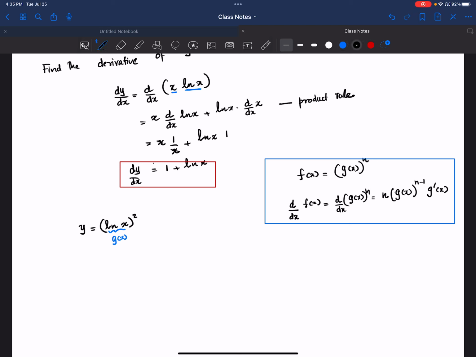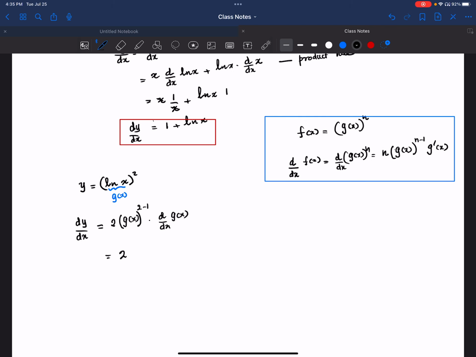So I'm going to write now dy over dx equals 2 times, that's n, g of x, or in this case natural log of x, to the power 2 minus 1 times d over dx g of x.